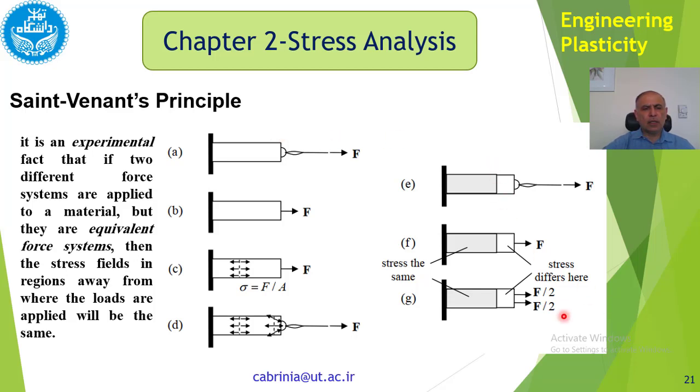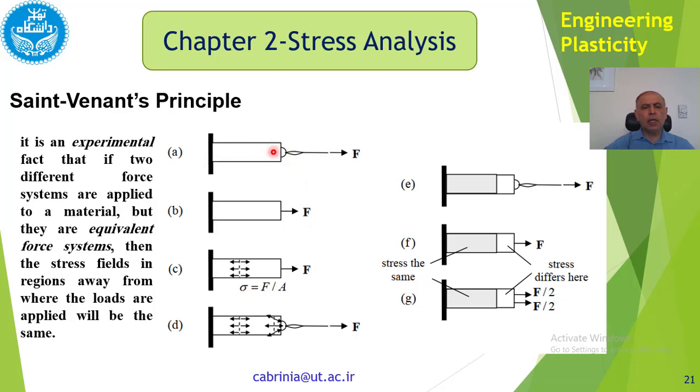Now, another concept that I would like to talk about is Saint Venant's principle. What does this mean? In the first figure here, we see a bar connected to the wall and fixed here, and there is a string or cable along which a force is applied on this bar.